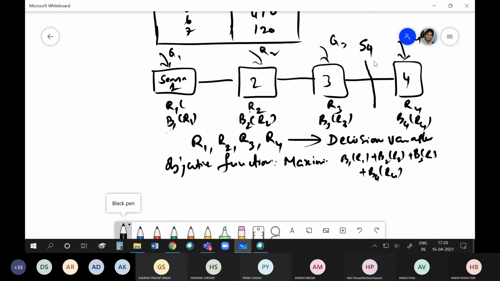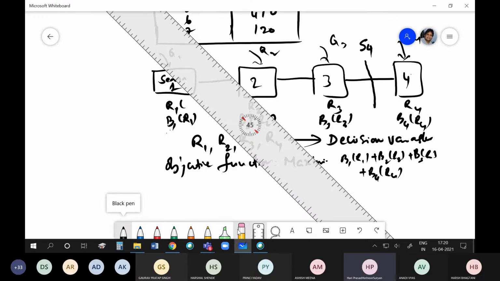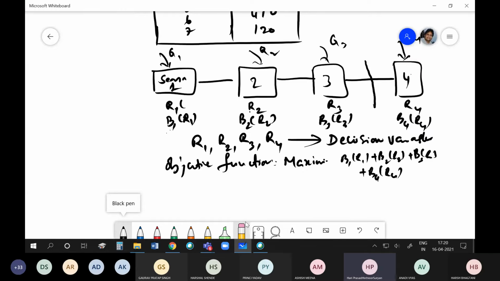So what are the possible values of S4 I can have? S4 is the storage at the beginning of the fourth season.